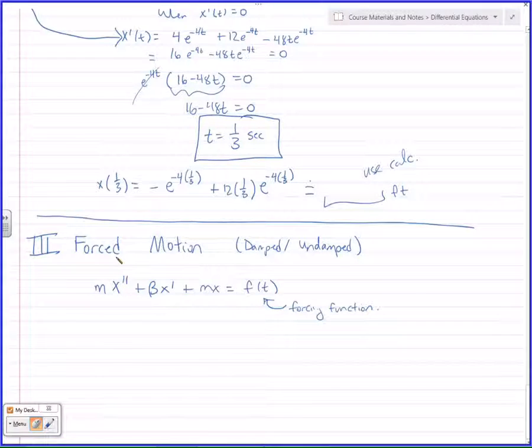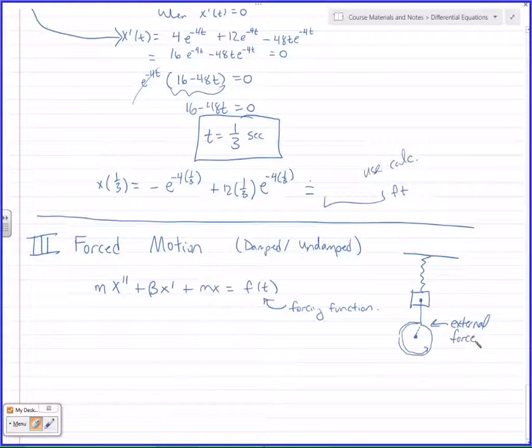In my mind, the simplest picture, besides me just hitting the mass periodically, is some kind of attachment where we've got a gear attached and this thing is going around in a circle. Okay? So you are able to move the spring along there, but as you start this crank and it's turning around, there's an external force acting on that spring itself.